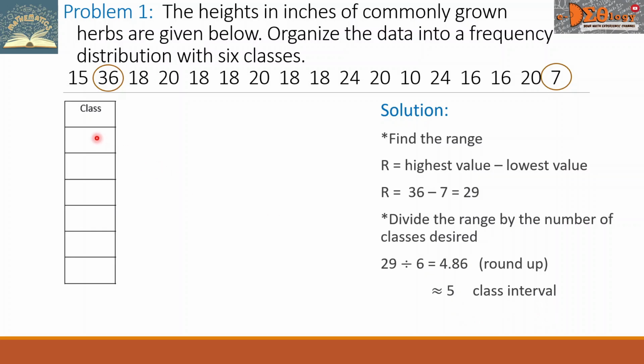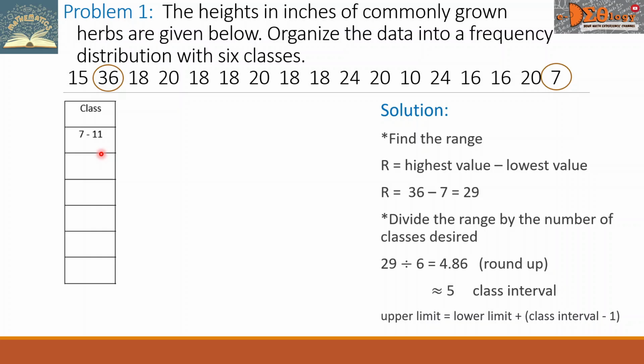Now we write the classes. We begin with the first class. The lower limit, or the first number, is 7. Then we write the upper limit. The formula is lower limit plus class interval minus 1. The class interval here is 5, minus 1 is 4. So that means 7 plus 4, which is 11.